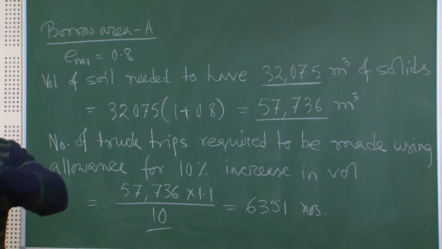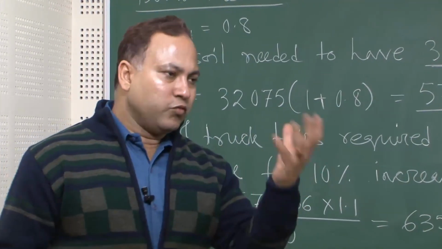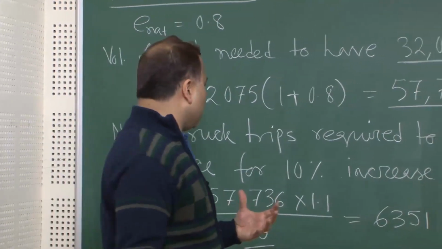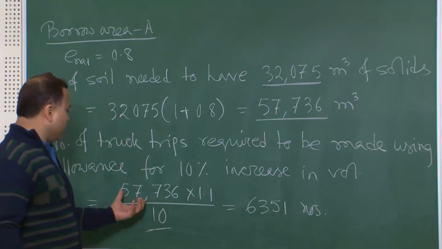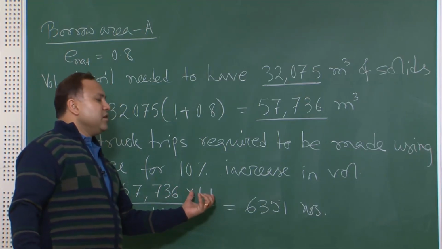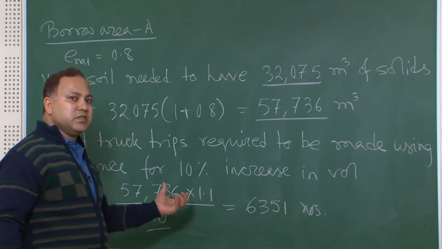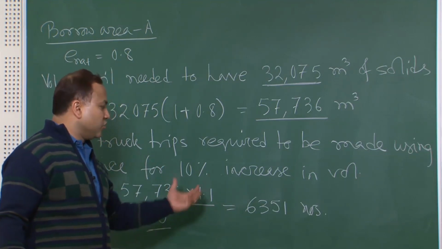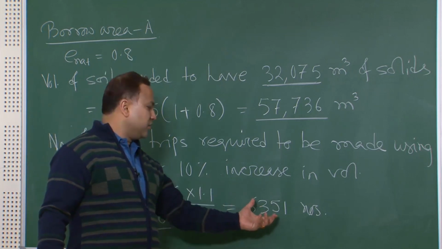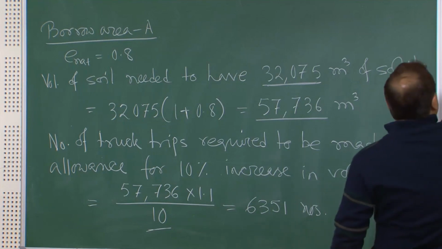So, that means you are keeping all the allowance and you are transporting this total volume required for the embankment, plus multiplied by some allowance you are considering, and that gives you a total volume which is getting transported by the trucks. So how many number of truck trips you need? 6,351.